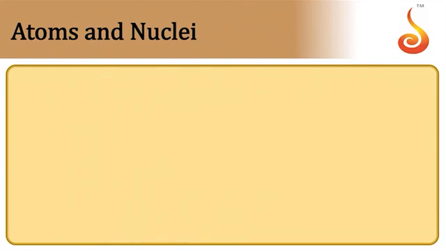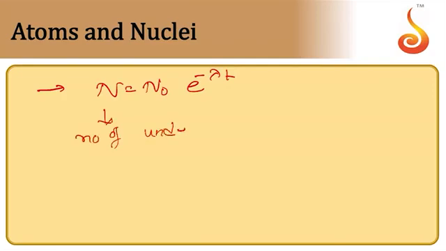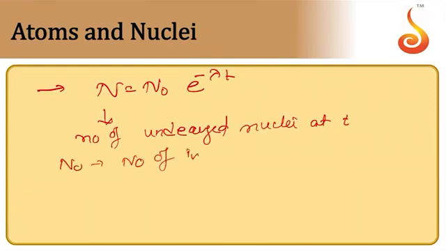This equation can be written in the following form: N is equal to N naught into e power minus lambda t, where N is the number of undecayed nuclei at some time t, whereas N naught refers to the initial number of nuclei. So we can write N is equal to N naught into e power of minus lambda t.